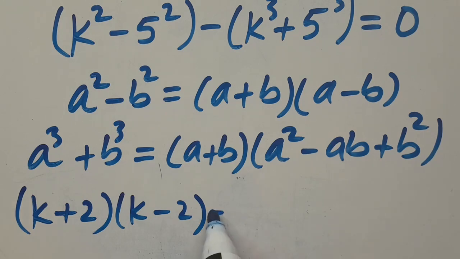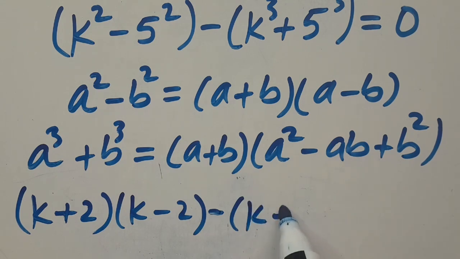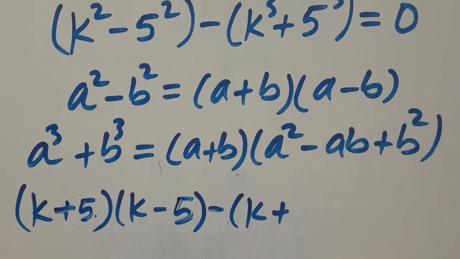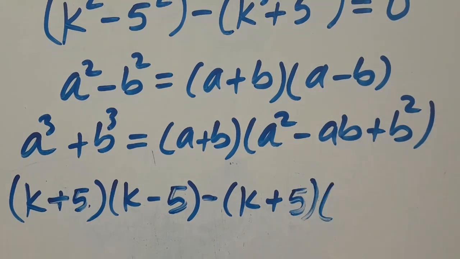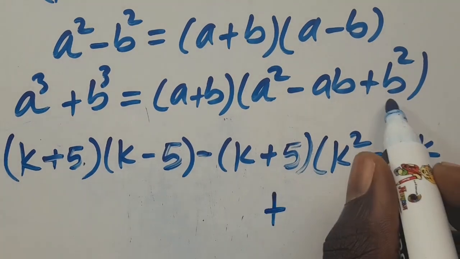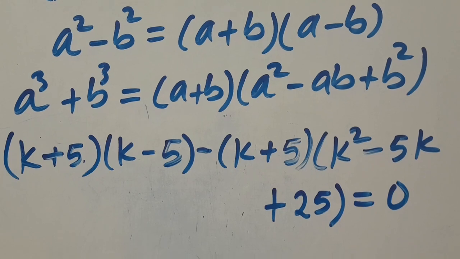So here will now be minus, but we have a plus b, where we have our a to be k, plus b is 5, k plus 5, here will be k minus 5, then here will now be k plus 5, then again multiply by k square, here will be minus 5k plus 5, b square is 5 square will be 25. We close everything. We set it to be equal 0.